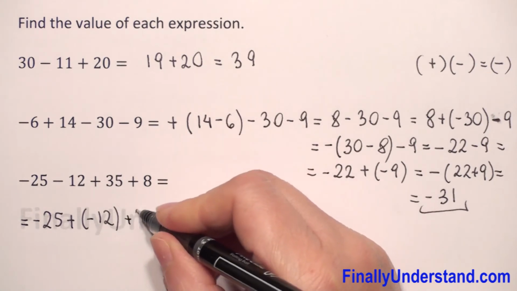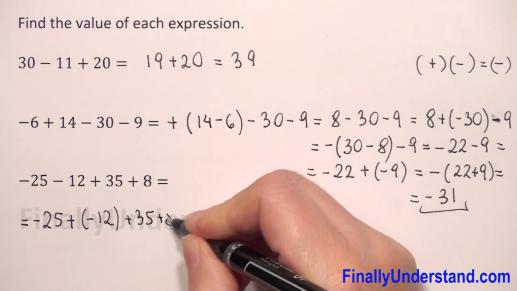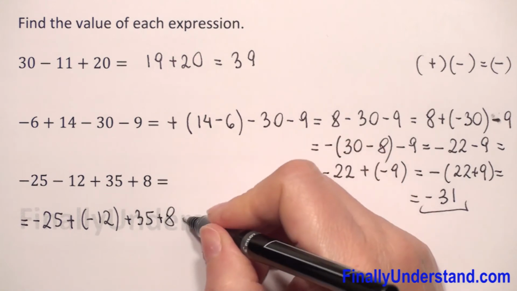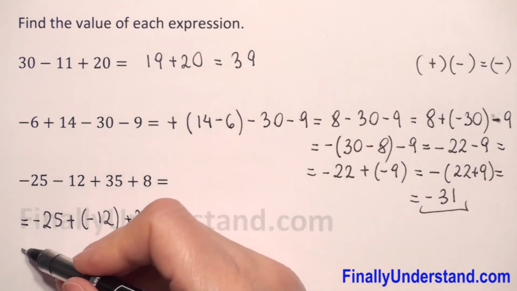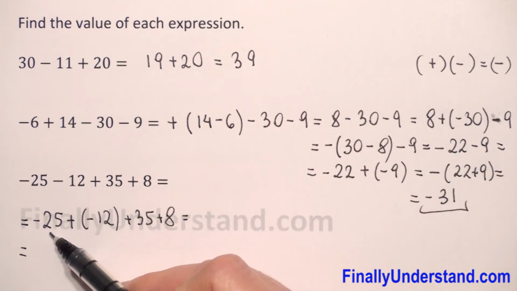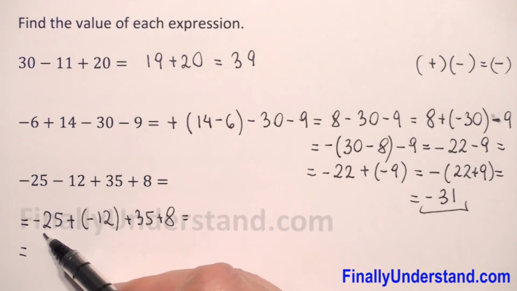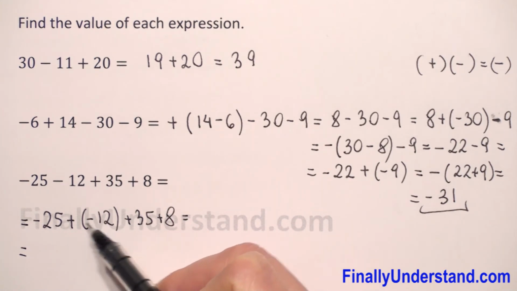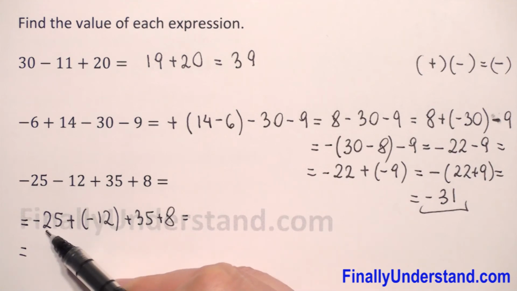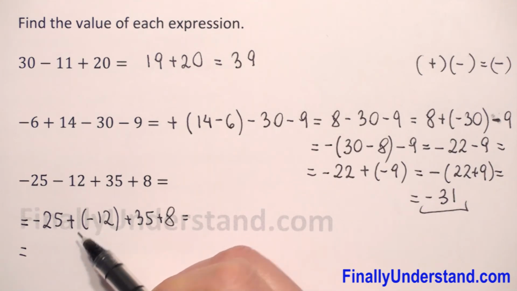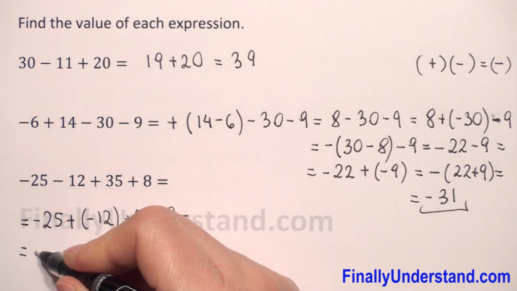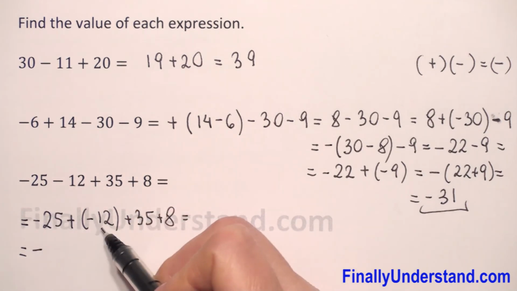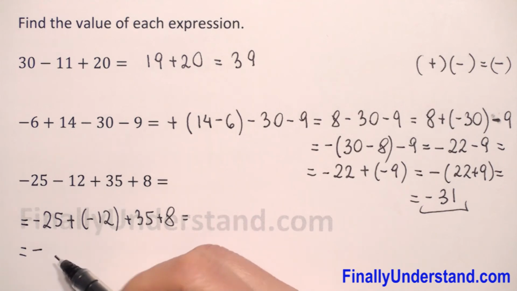Next we rewrite minus 35 plus 8. Of course you can add 35 plus 8 first. So next we have on the left side two negative integers. We have to add them. When we have negative integers, addition, we copy negative sign because both of them are negative.